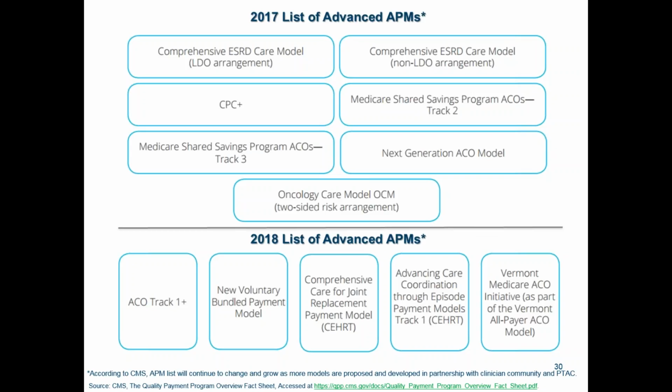So I think what's really important is for organizations to think about their macro roadmap in light of MIPS and APMs and understand where they want to go. Just because, as Maria talked about, the pick your pace mentality does not give you a get out of jail free card in 2017.